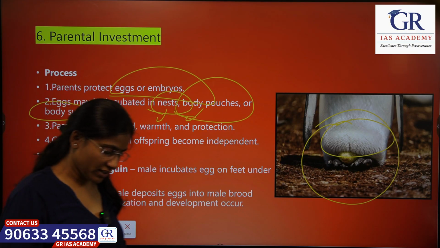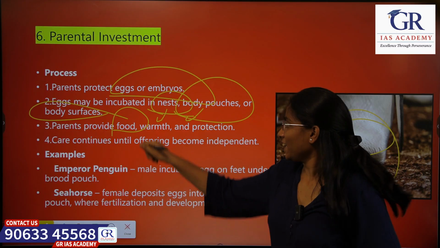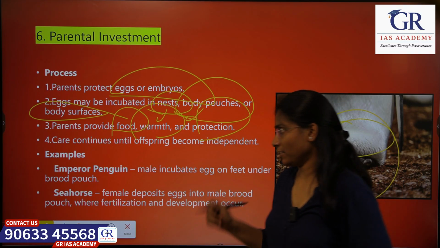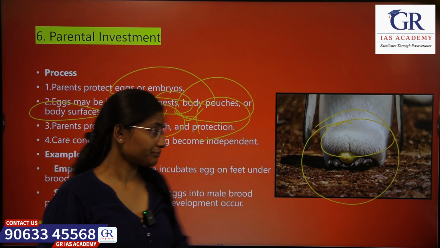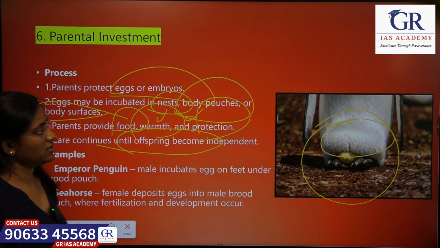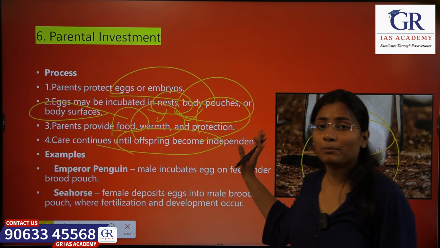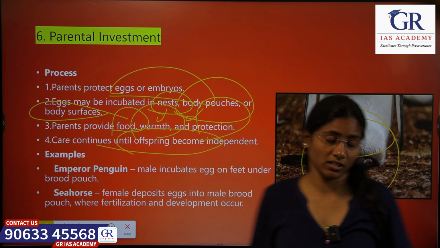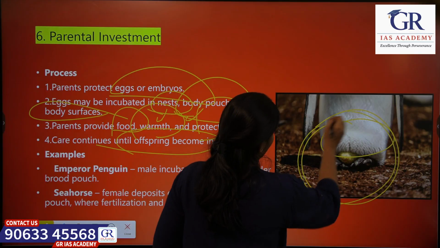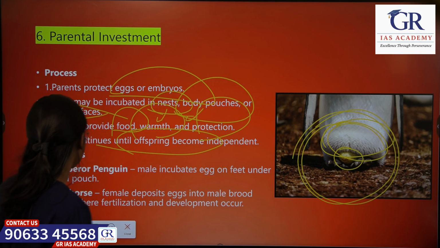So what do they provide in terms of investment? They provide food, they provide heat, they provide protection from predators as well. So they take care until the offspring can take care of itself and become completely independent. Just now we have seen the emperor penguin taking care of eggs under its brood pouch.